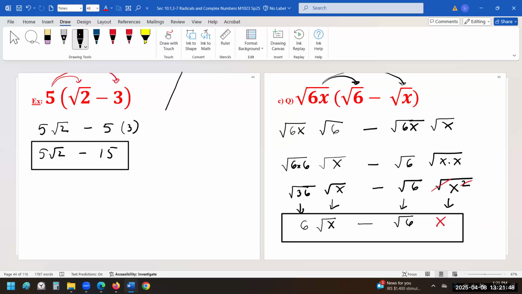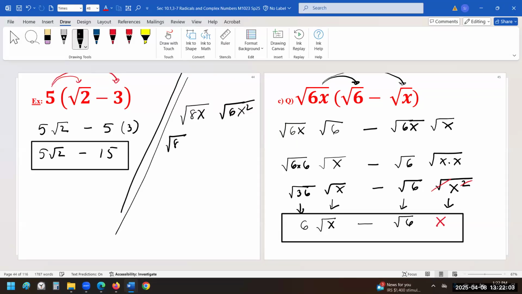So for example, previously we did this. Square root of, let's say we have 8x, and square root of, let's say we have 6x squared. So previously what we did, we wrote 8 times 6 inside one radical, and x times, let's say this is cube, x times x cube inside another radical.